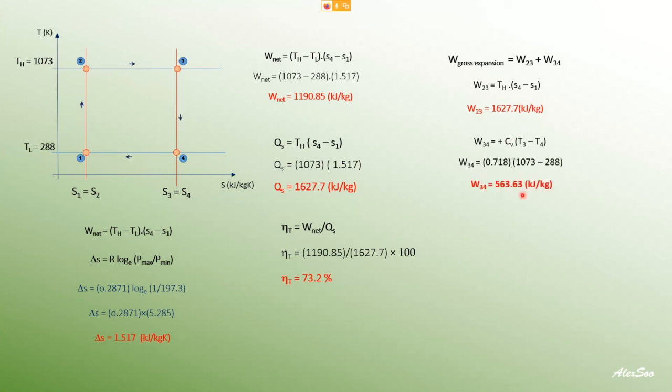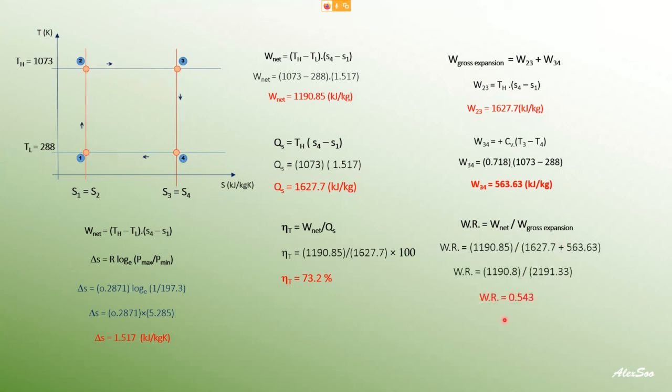So you have your work done for 3 to 4. When you add the work done for 2 to 3 and 3 to 4, you get your gross work expansion. Once you have net and gross, you can find out your work ratio. Okay, that's for the example. Thank you.